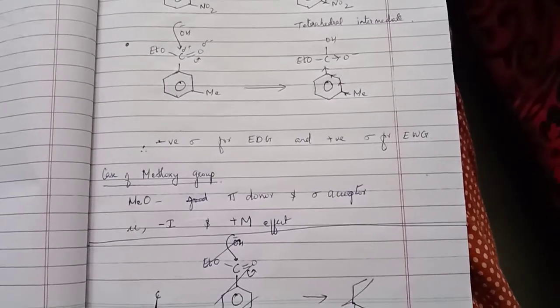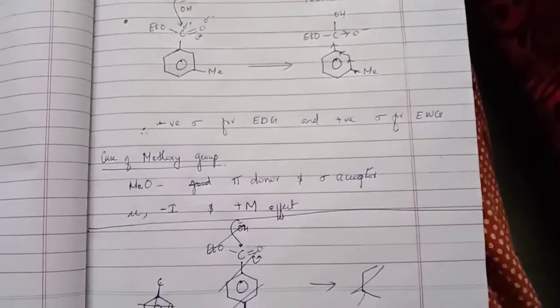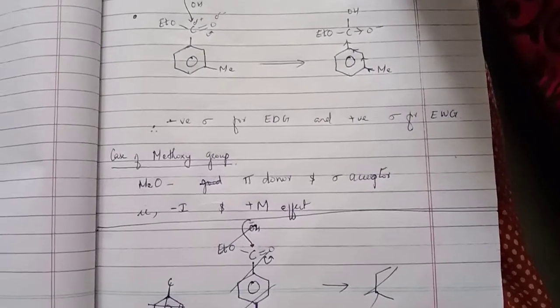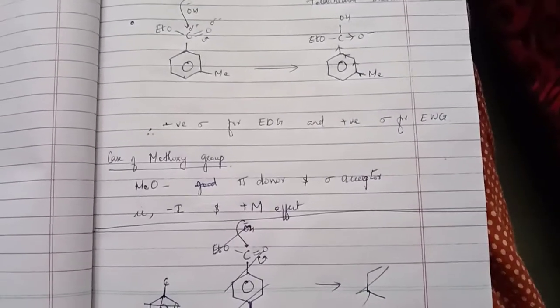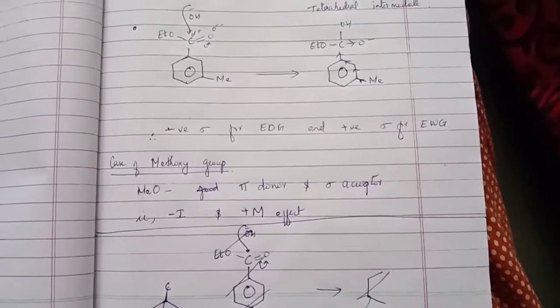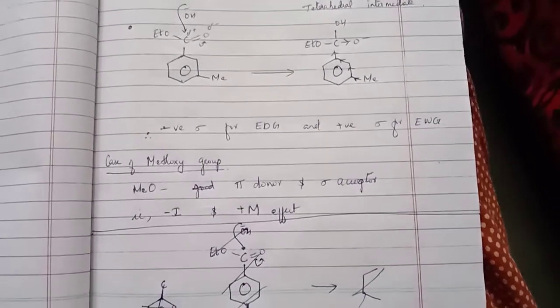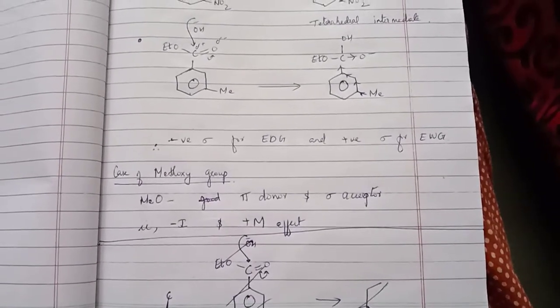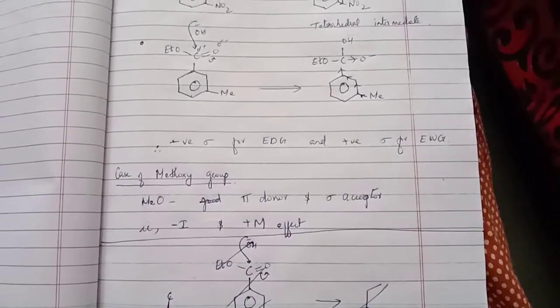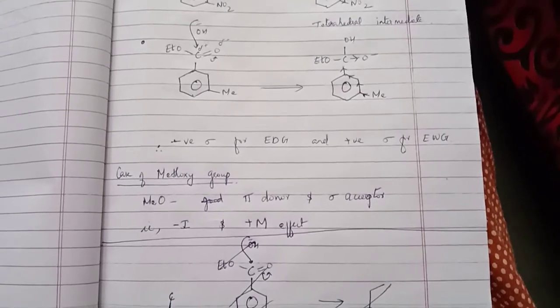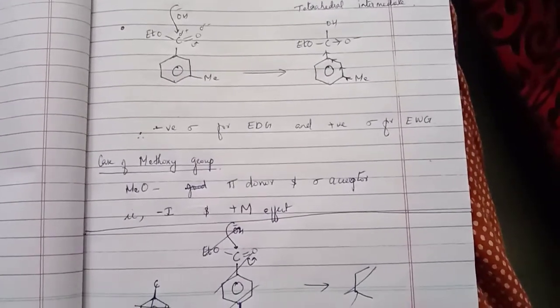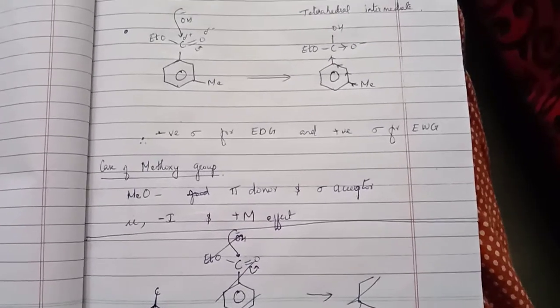So different cases will be there. You can see that the methoxy group has a minus I effect. It is a sigma acceptor. That is, the electronegativity of oxygen will cause the bonding electrons in the sigma bond to be shifted towards the OMe group. That is the minus I effect.